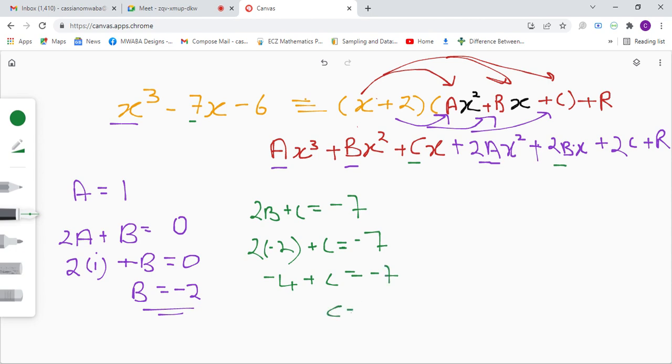So c is going to equal -7 plus 4, and c gives us -3.